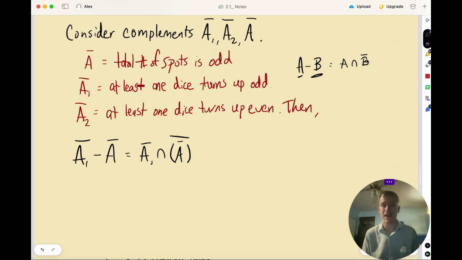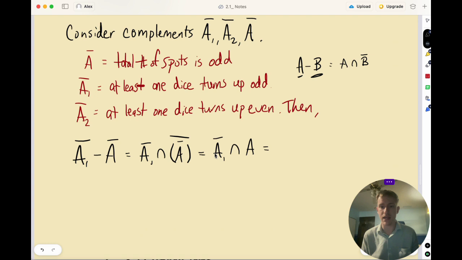So from that, A1 bar minus A bar is the same thing as A1 bar intersect the complement of A bar. Well, what's the complement of the complement? The complement of the complement is just the event itself. So they kind of cancel out in a way. Okay, so what does A1 bar intersect with A?